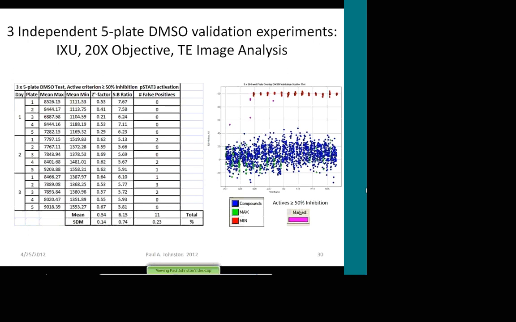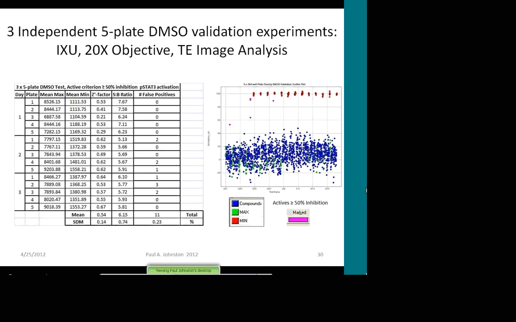And you can see we've got the Z prime factor and the signal-to-background ratio and the false positive rate calculated for running the 15 384-well plates. And also you can see a scatter plot, which is an overlay of 5 of the 384-well plates from one of the independent runs. And so obviously the false positive wells were wells that probably did not receive either the primary or the secondary antibody.